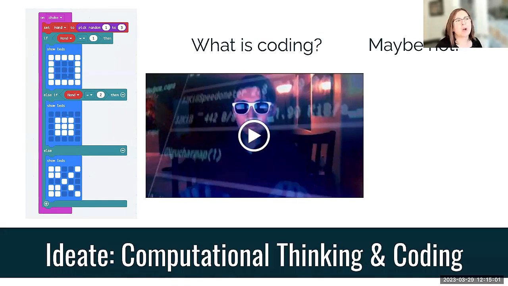Before I go, I do want to just dip into coding just a little bit. Coding is a concept that we still have an old way of looking at it. When we think about coding, we think about the guy or the hacker, someone who's got all of these lines of crazy code and it's like out of some movie. But really, coding is back to that way of thinking again.